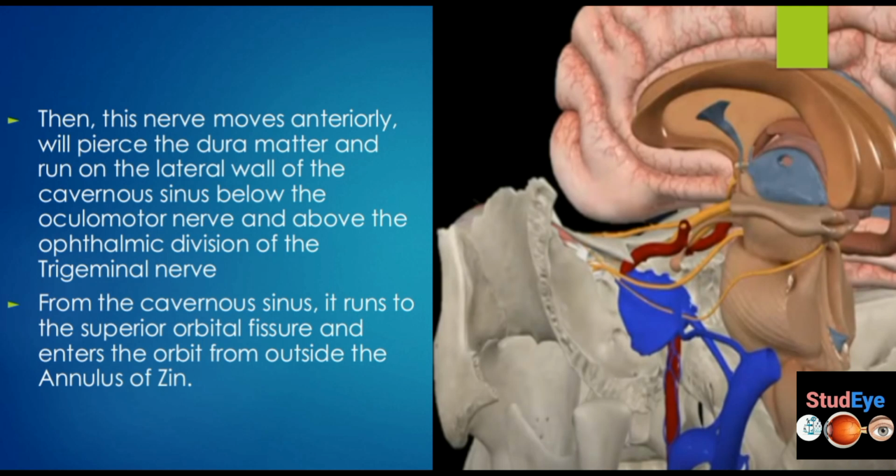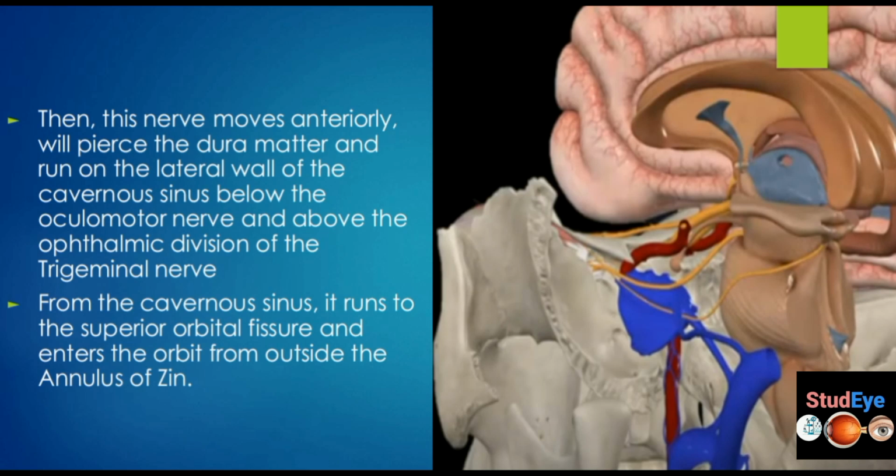Why? Because it innervates the superior oblique muscle. The trochlear nerve innervates or supplies the superior oblique muscle, and the origin of the superior oblique muscle is the sphenoid bone. Its origination point is from the medial aspect of the sphenoid bone.